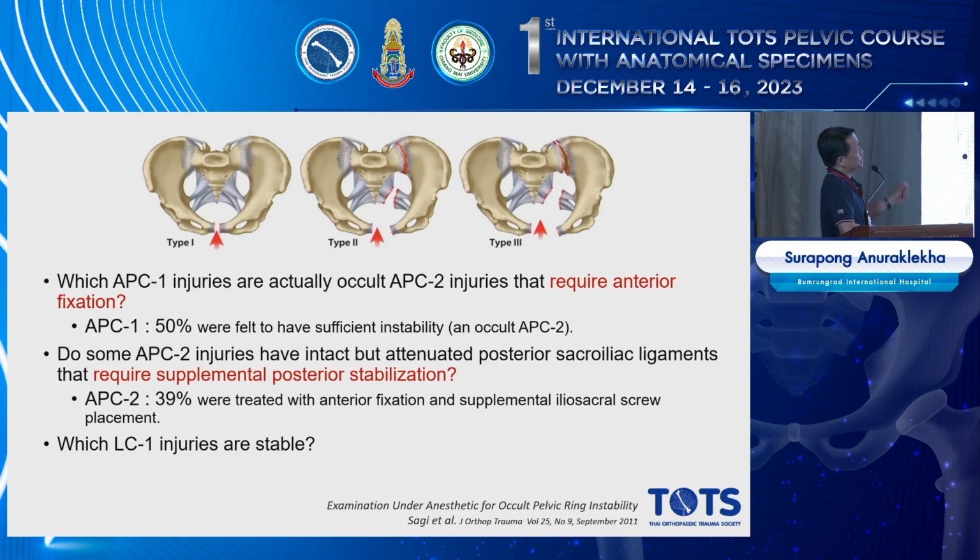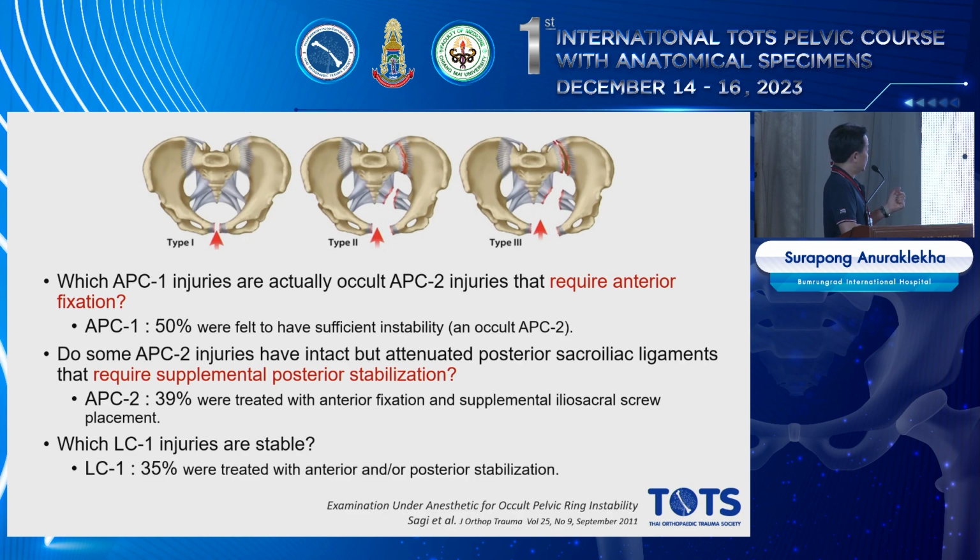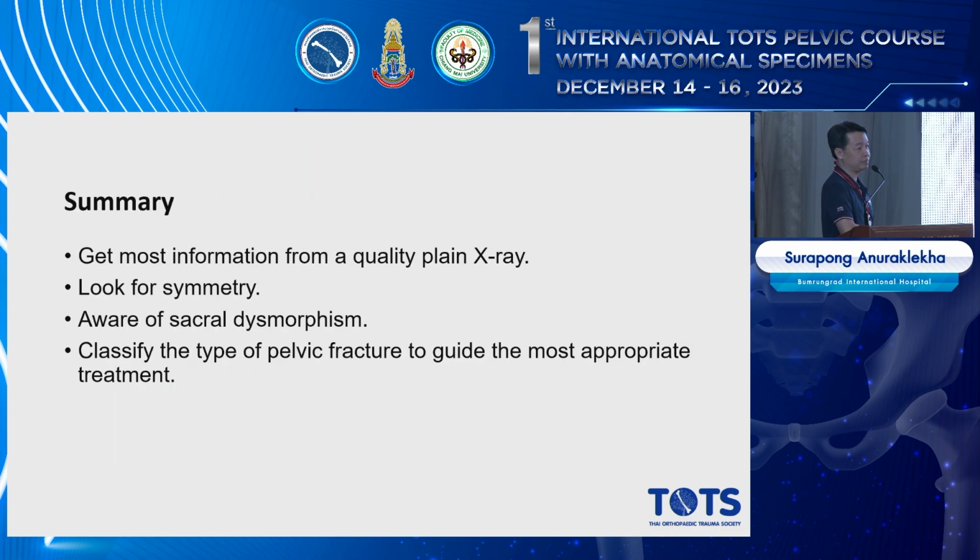And for the LC1 that we consider as stable, this literature showed that about 35% were treated with fixation as well. So EUA is a very useful technique to evaluate the stability.